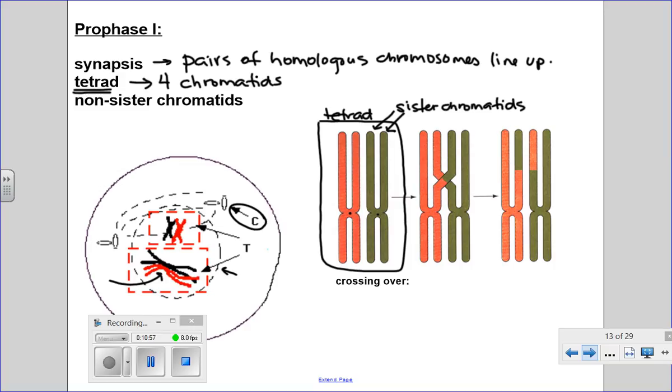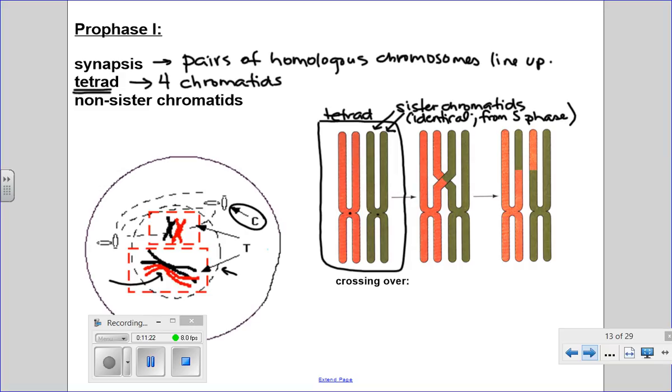So those two green ones, for example, are sister chromatids. What that means is that they are identical copies of each other. Now, where did I get that copy? The S phase of interphase, where the DNA replicated.